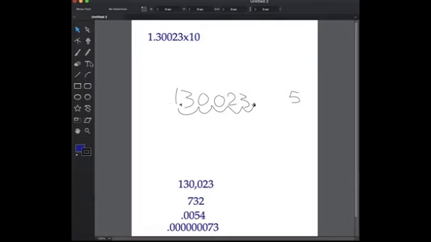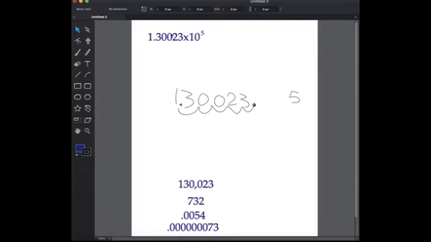So in other words, 1.30023 times 10 to the 5 equals 130,023.